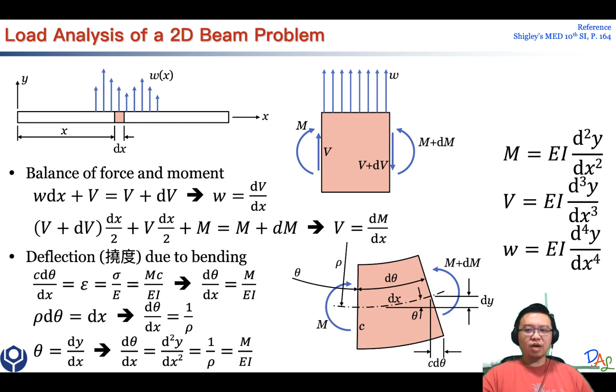Then we come up with a very important equation: the second derivative of y with respect to x equals M over EI. This is how you link y to M, and we can rewrite this as M equals EI multiplying y double dot, the second derivative of y with respect to x.